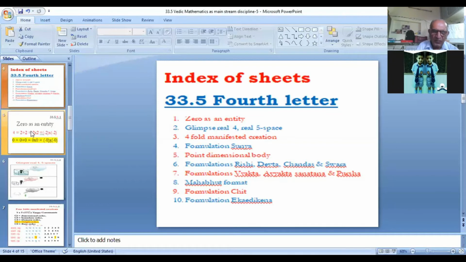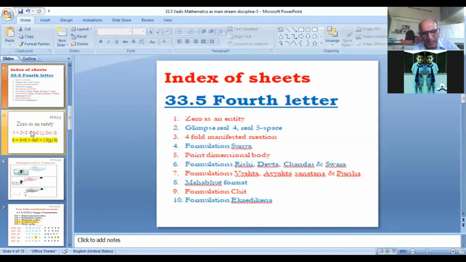These quadruple formulations are the expression formats, the way manifested creations express themselves within the dimensional frames in our solar universe. This is the feature which is to be properly chased and comprehended.